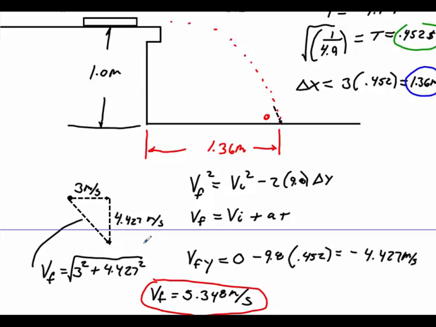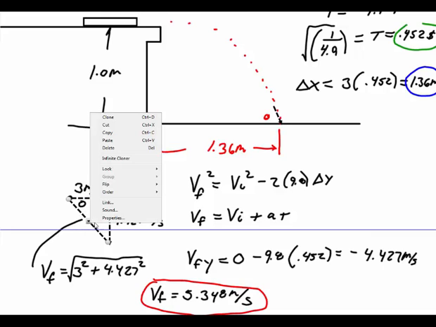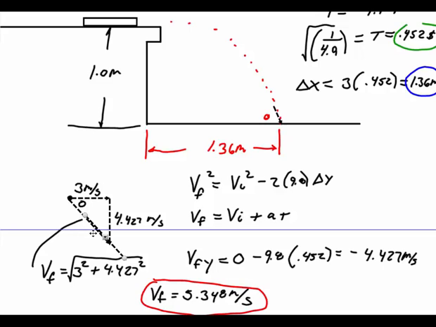Again, now I want to find the angle. Typically what I do with these is find the angle coming off the horizontal. Meaning if we redrew that, let me just clone this. So really what I'm looking for is this angle here.